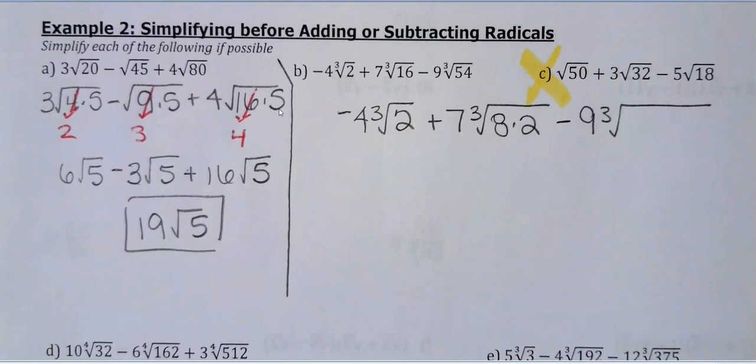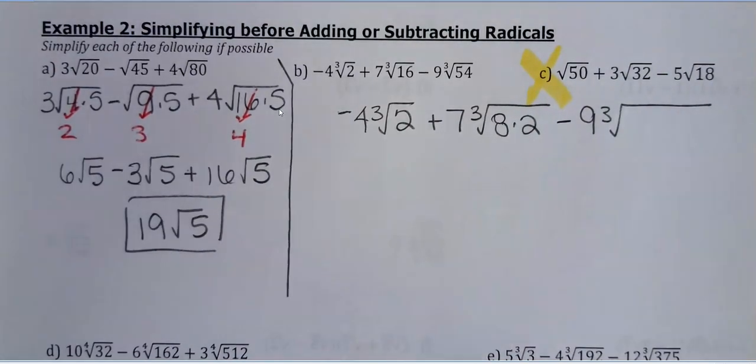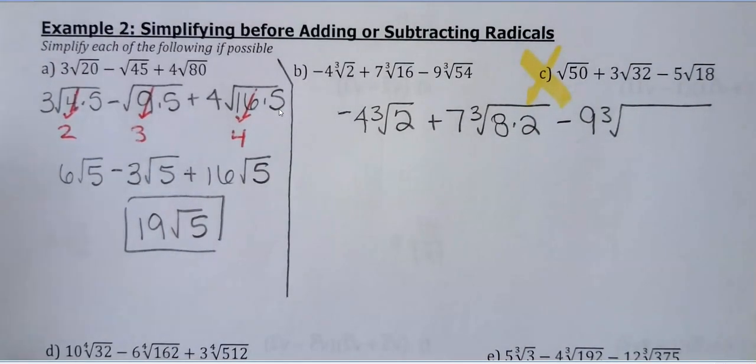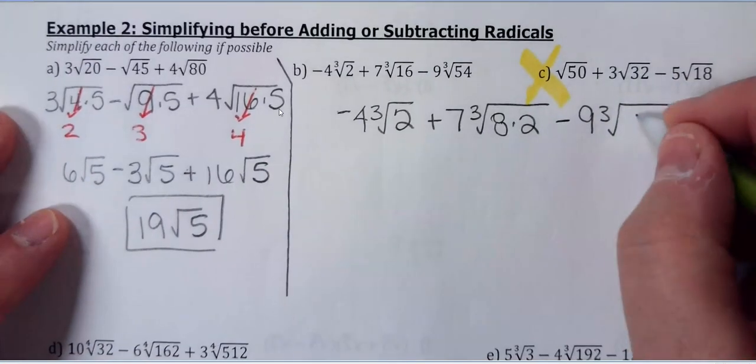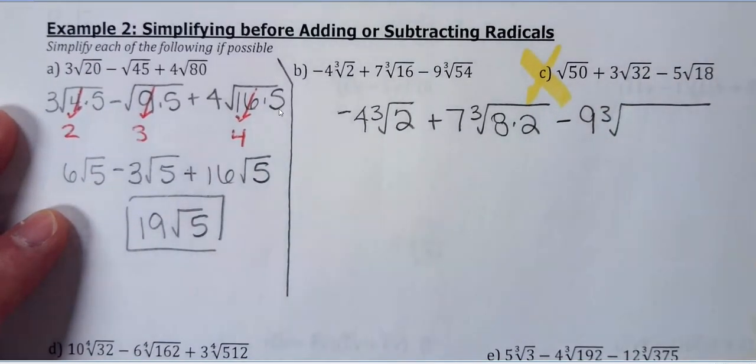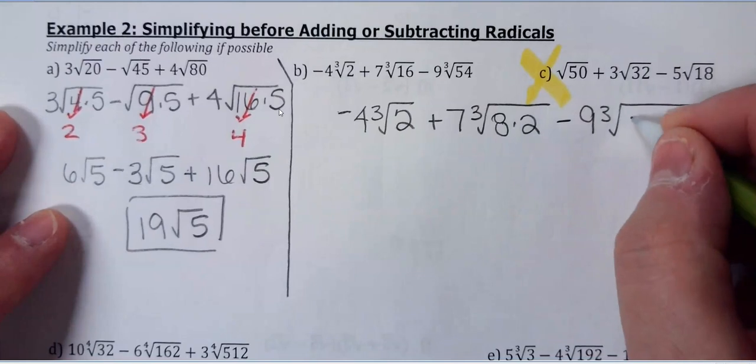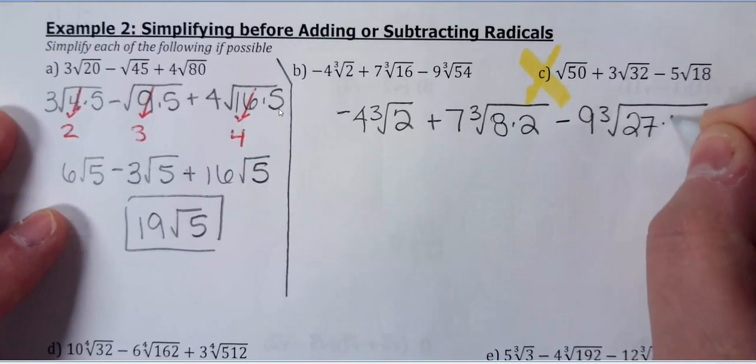So if I'm looking at 8, 27, 64, 125, what's the biggest number there that would divide into 54? 27. And if you're not sure, I literally just look at the list and start to do 54 divided by 8, 54 divided by 27 until I get something that might work. And if nothing works, then that just means you can't break it down. So 54 is 27 times 2.